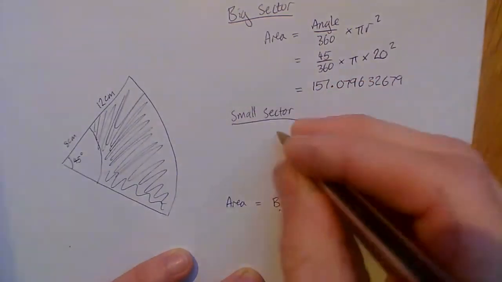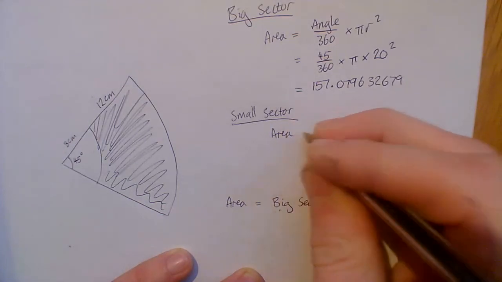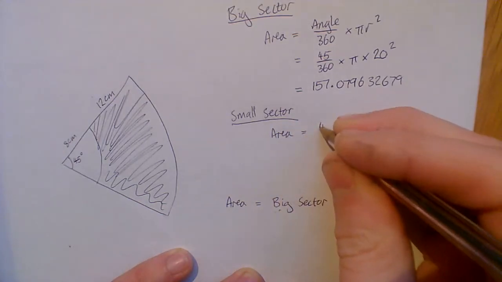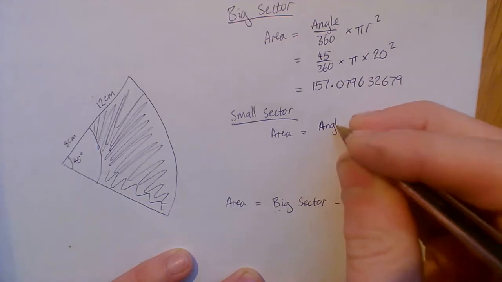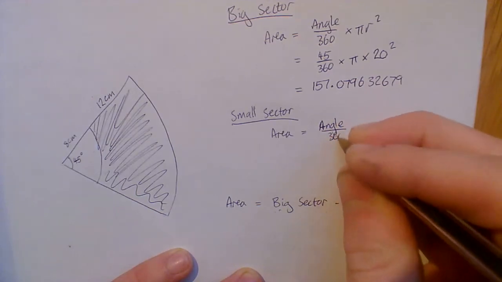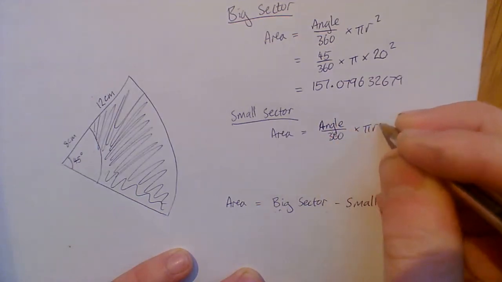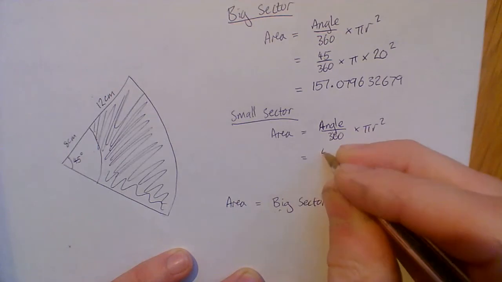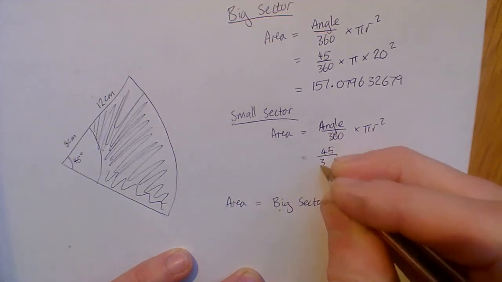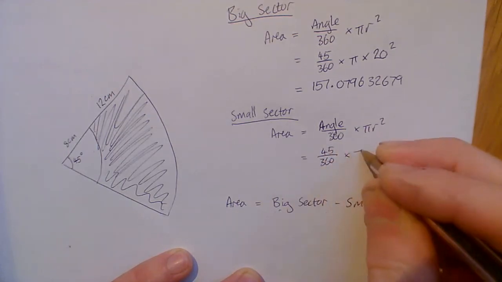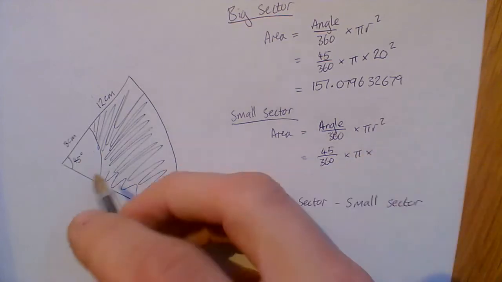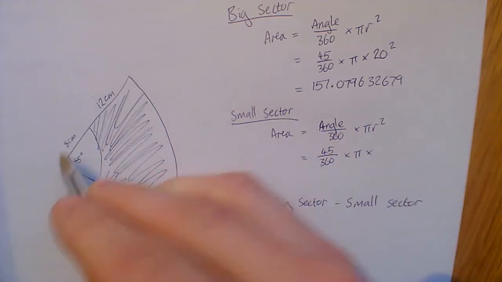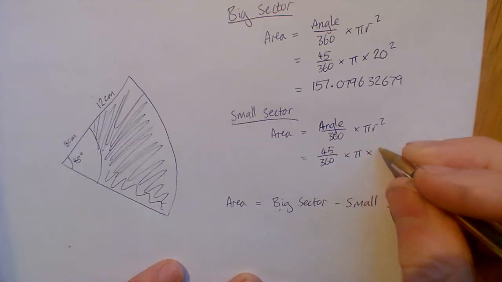Now let's do the same for our small sector. So we've got our formula, which is area equals angle over 360 times pi r squared. That's 45 over 360 times pi times, now radius in this case is from the center to the edge of that small sector.